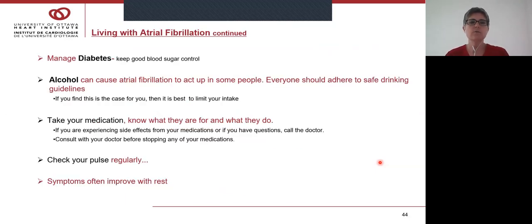And if you're diabetic, keeping good blood sugar control. And for some people, they know that alcohol can act as a stimulant. So if that's the case, you should try to cut back and at the very least stay within the healthy guidelines of 1 drink a day for women and 2 for men.